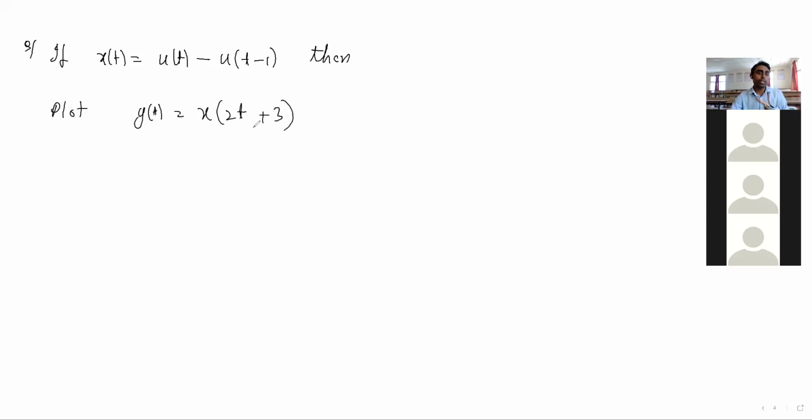Can you solve this question? This is very important. If you know how to solve this question, then your concept will be clear, because all the concepts will be required to solve it.